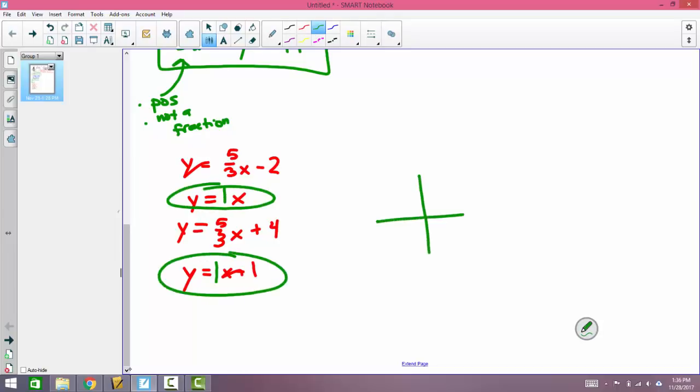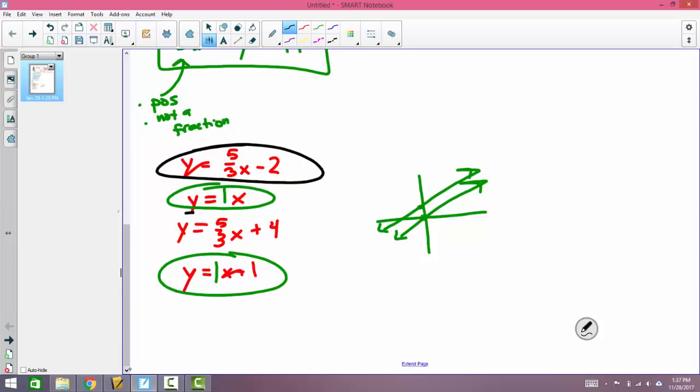By parallel, I mean that one of them would have started at 0 and one of them would have started at 1. Since they have the exact same slope, they would never touch and never cross. Gorgeous. These are also parallel. They have the exact same slope of 5/3. It would look very similar, parallel lines never crossing.